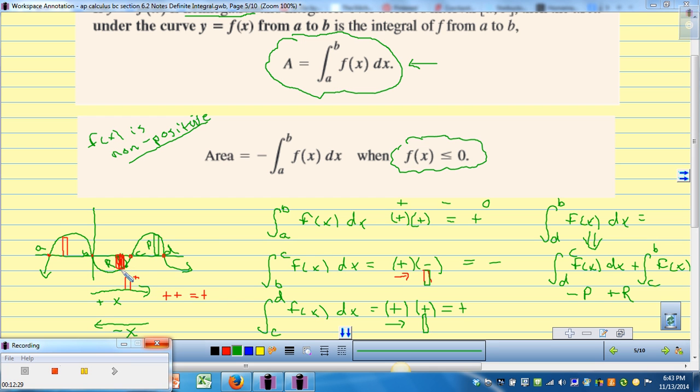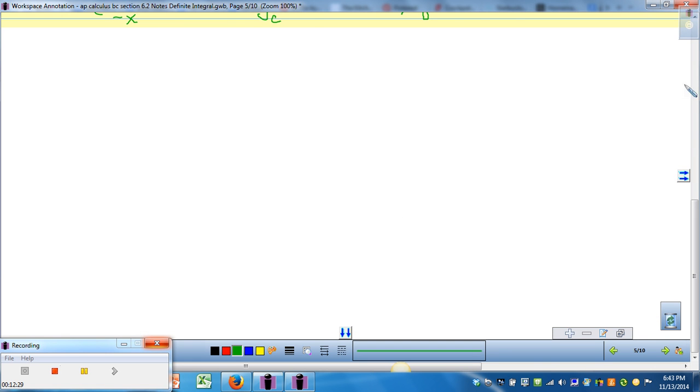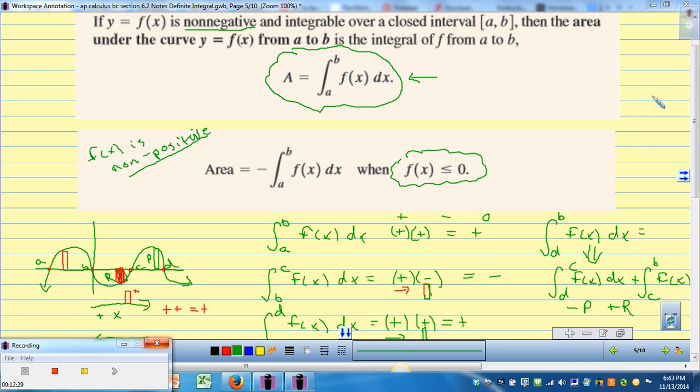And the rectangle is below, or the function value is below the x-axis, so that is also negative. So the sign for the definite integral from C to B of f of x dx would be positive. So the integral from D to B of f of x dx would be negative P plus R. And that's all we need for that one.